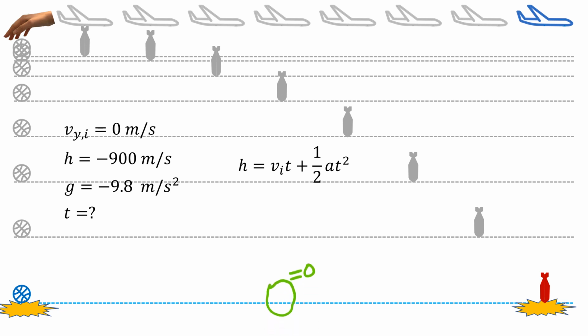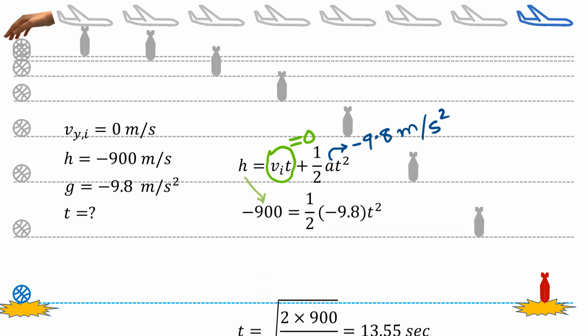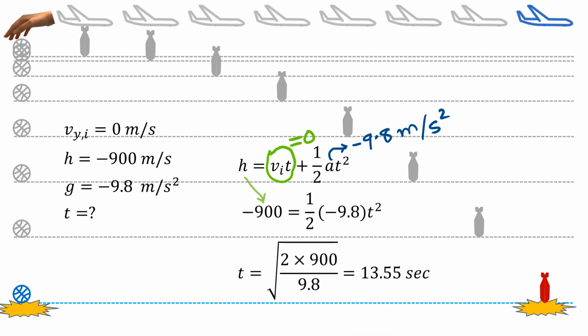Here, the initial velocity is zero because the bomb is dropped, and the acceleration is the acceleration due to gravity. We substitute these values and are able to get a time t equal to 13.55. We substitute in the previous equation for d and we are done.